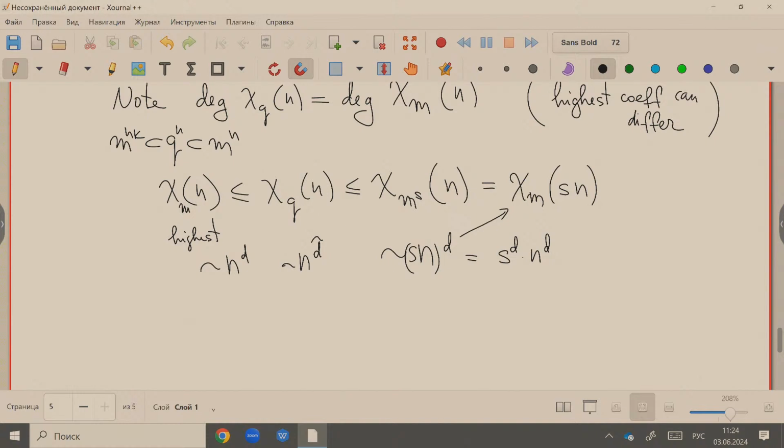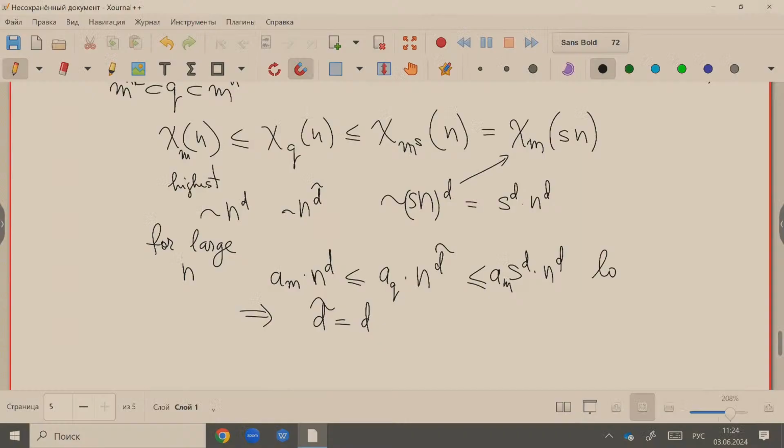And of course, if you look at the polynomials, then for large n, these are the highest coefficients. So this means that a_m times n^d is less than or equal to a_q, these are just numbers, times n^d tilde, and this is less than or equal to S_d n^d times m_n.